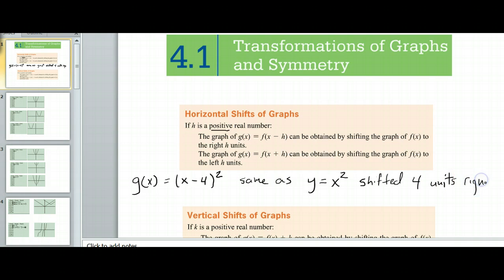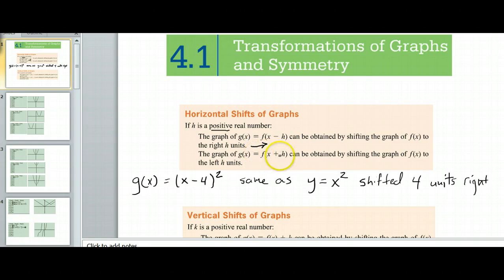Alright, so that's what that top one is telling us. Okay, if we subtract some positive number, then we end up going to the right. Alright, so subtraction goes to the right by h units.